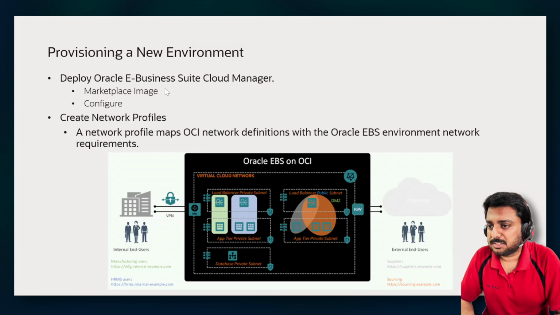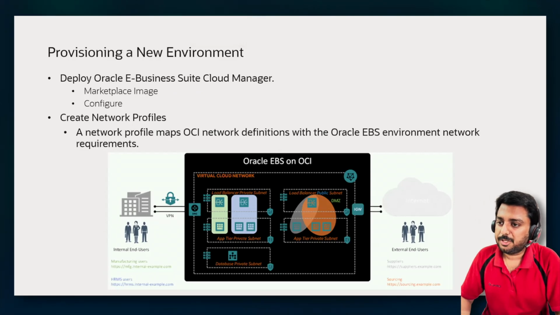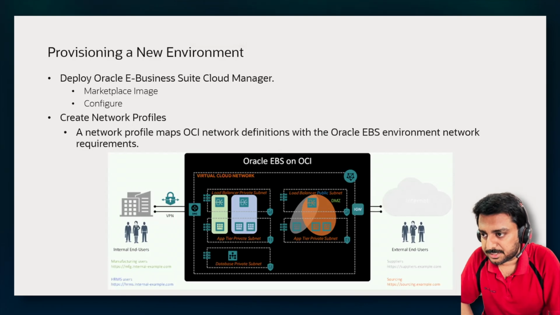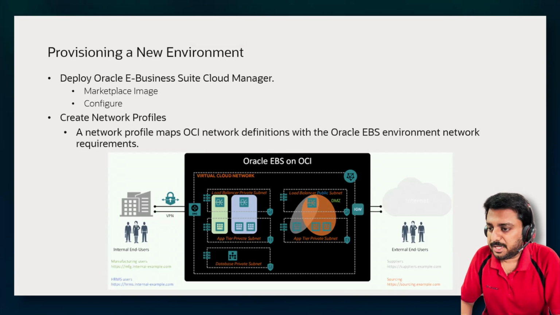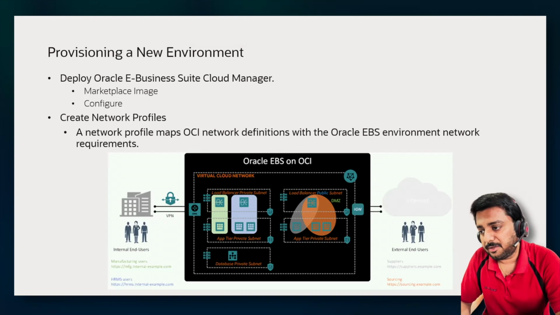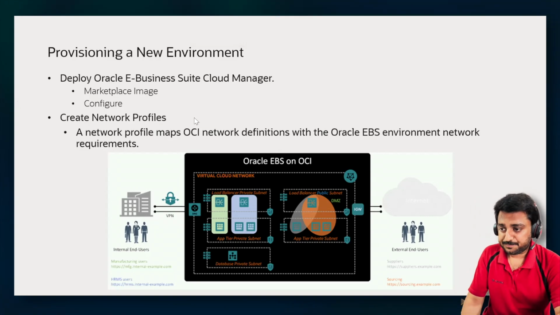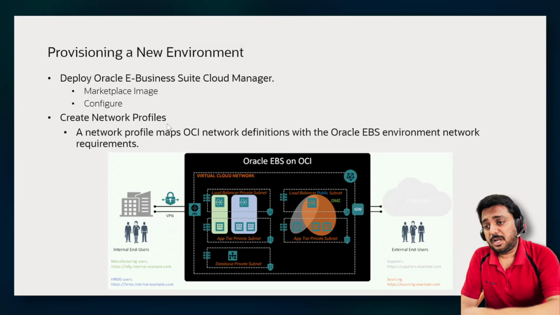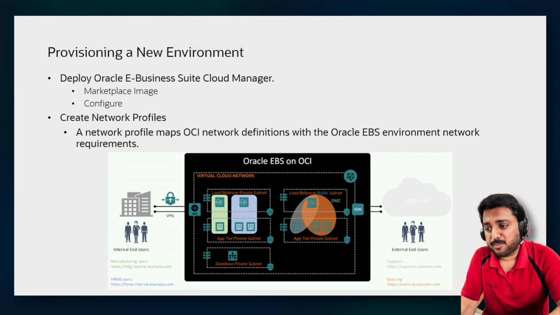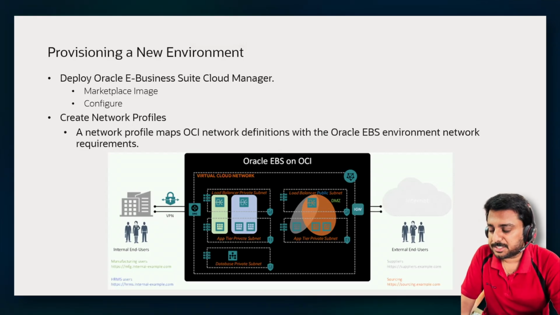Once this instance is provisioned, you will configure it and integrate that application with your IDCS as a confidential application. And once the EBS Cloud Manager application is up and running, you will then be creating the network profiles. Remember, the network profile is just a mapping in the Cloud Manager application. The actual subnets and VCNs you'll be creating from your OCI tenancy.